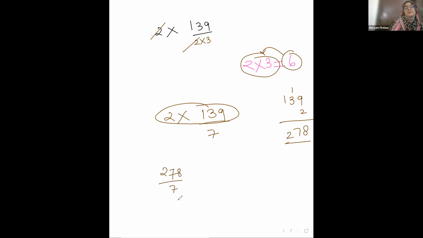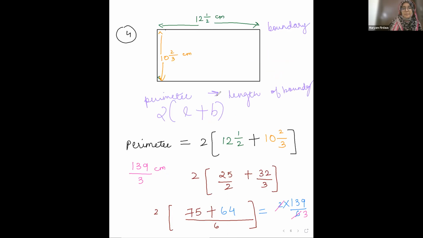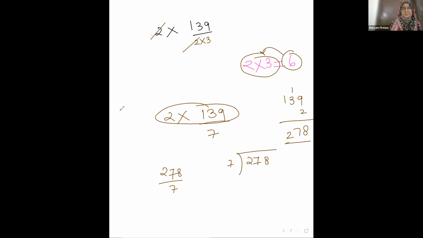Now, since this is an improper fraction, you will have to convert it into a mixed fraction. So 139 by 3 is also an improper fraction. Yes, you have to convert that to a mixed fraction over here. This one. Convert it, try to convert it, please. Okay.